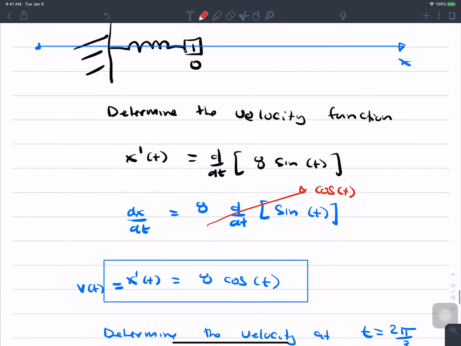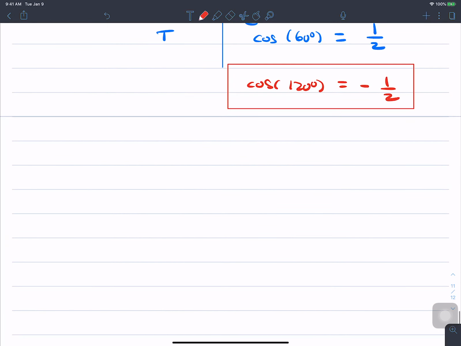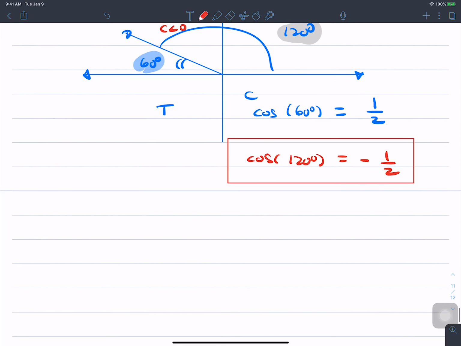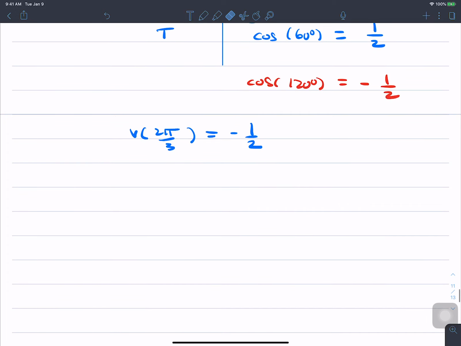So anyway, I guess that's what they wanted to find. I'm sorry, this is my velocity. So v at 2 pi over 3 is negative 1/2. That's what that means. And I want you to note the physical meaning of what's happening. If I ask you, what direction is the particle moving at this time?